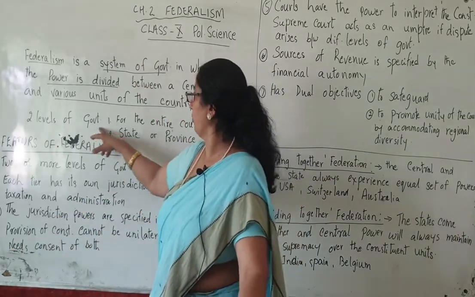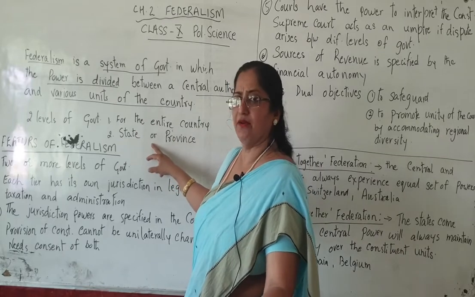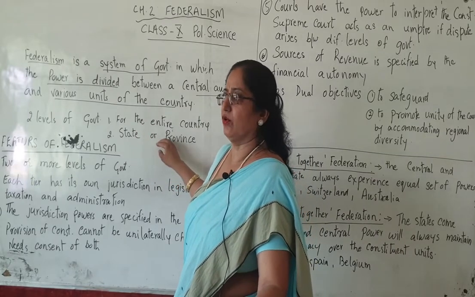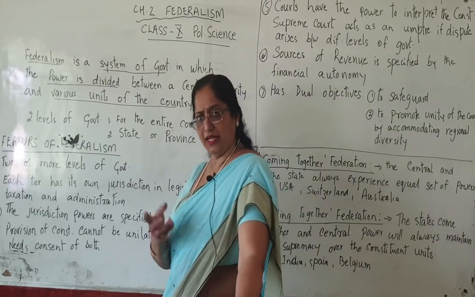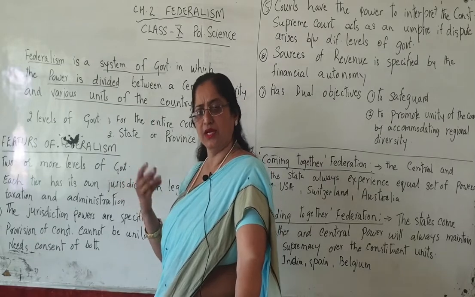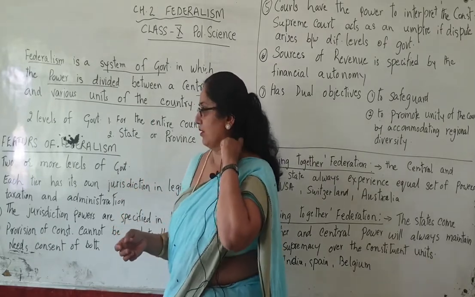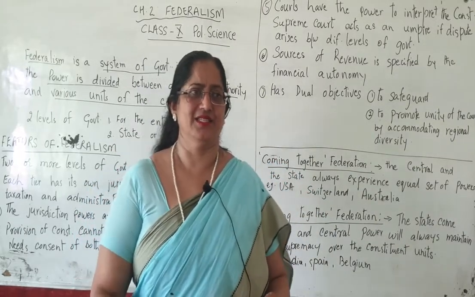That is two levels: one for the entire country, and the other for the state. In the state we have the chief minister and other members, whereas here we have the prime minister and its members.